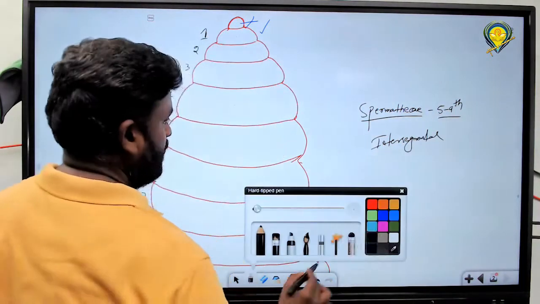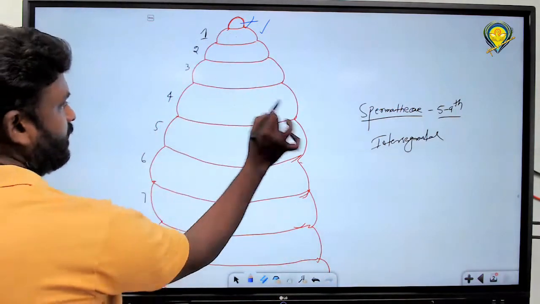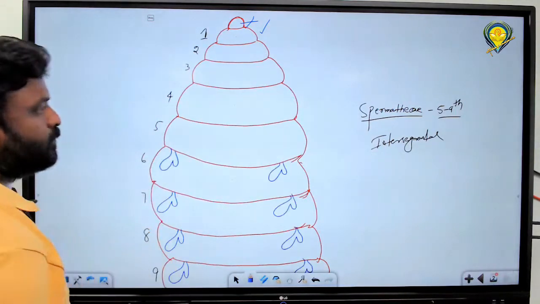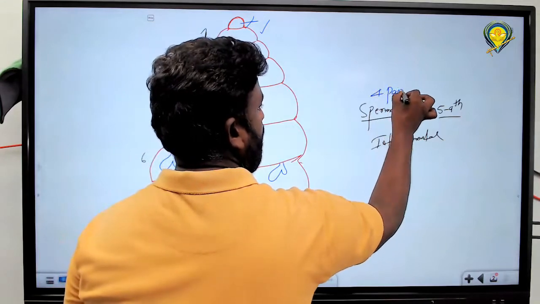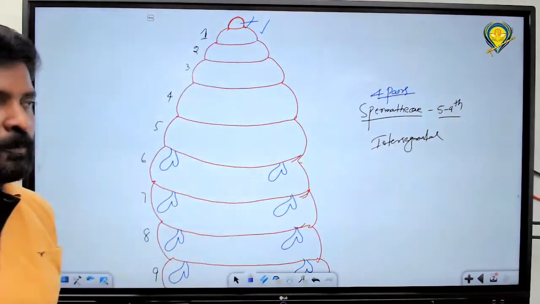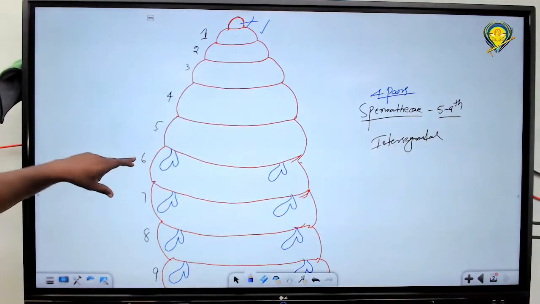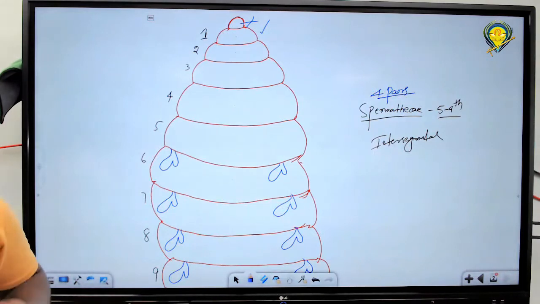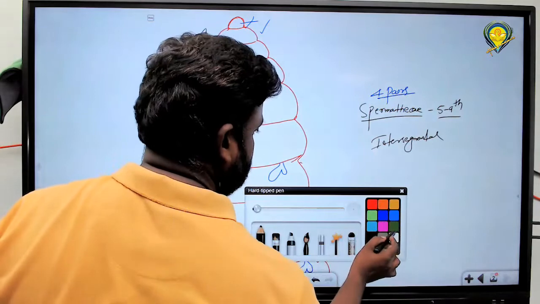5th to 9th. See here. The location from 5th to 9th means how many pairs of spermatheca are there? Tell me. 4 pairs. They are mentioning 5th to 9th intersegmental, but I mentioned in some places 6 segments. But why?